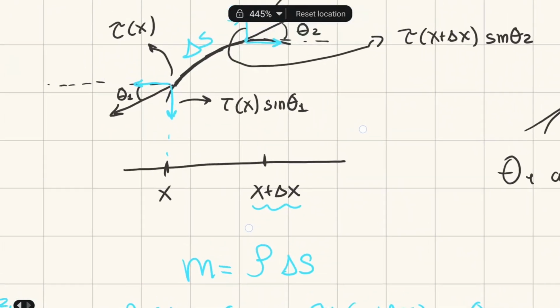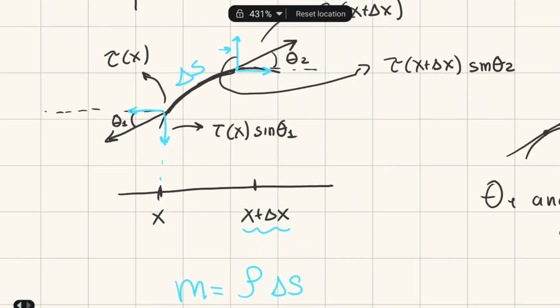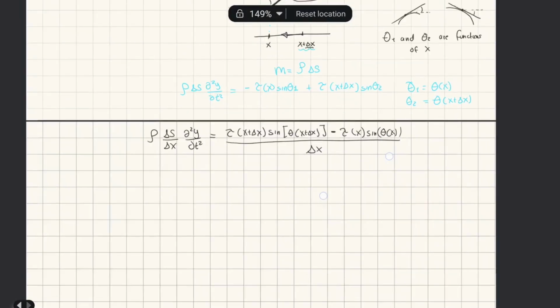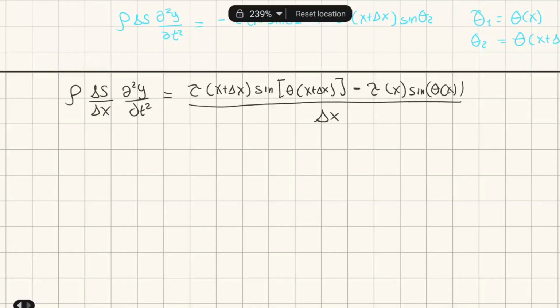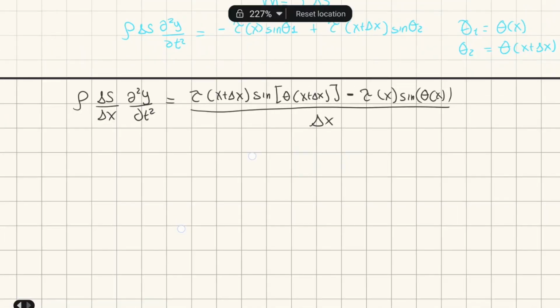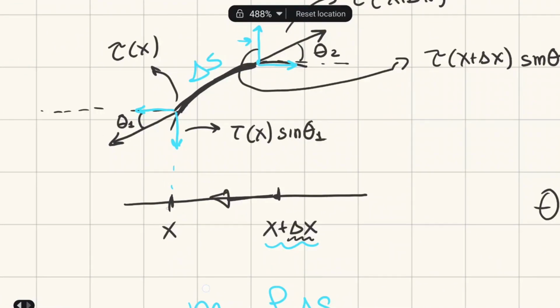Like I mentioned before, that is the property that will allow us to consider that this portion of a string is actually just a single point of the string, because as delta x goes to 0, this point approaches x, and this portion of a string becomes just a singular point. So what we are going to do now is take the limit as delta x goes to 0. Notice that if we do that, delta x is approximately equal to delta s.